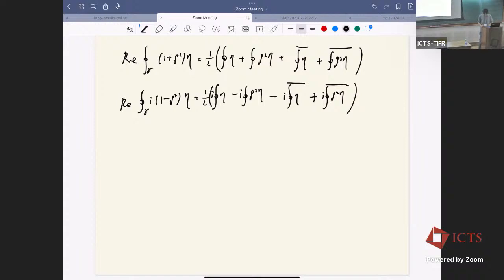So then we multiply i to the second equation. Then, okay, let's consider minus i. Then minus i to be 0. Then, here, minus and minus, yeah, maybe.